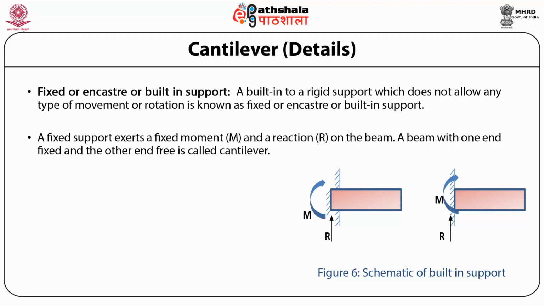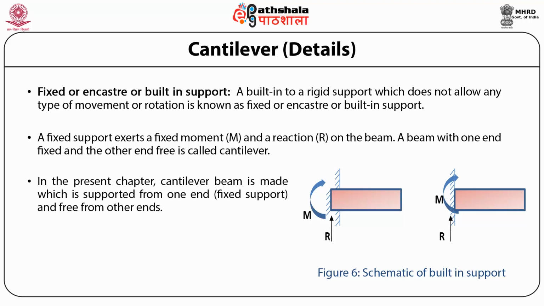A beam with one end fixed and the other end free is called a cantilever. There is a vertical reaction and moment at the fixed end, represented by capital R and capital M, and it is called the fixed moment.